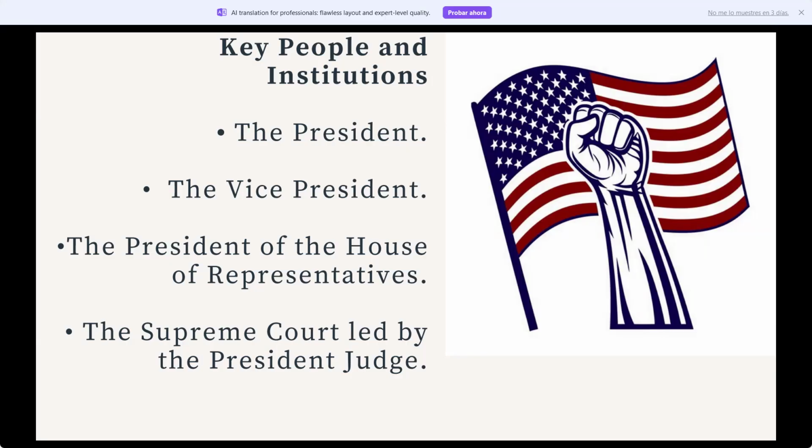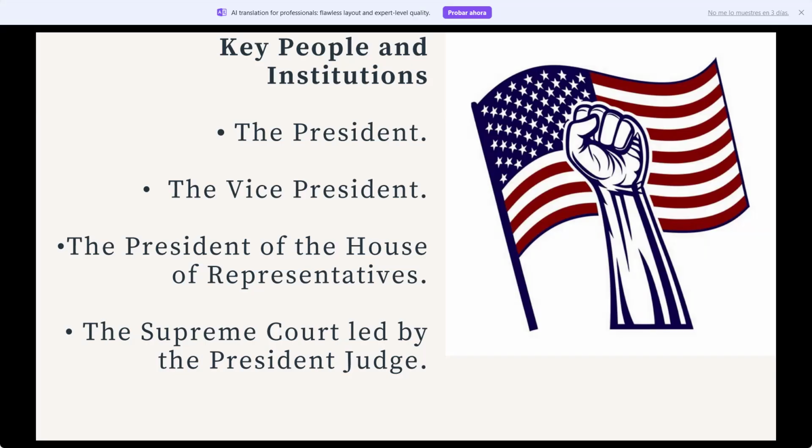The Supreme Court can declare a law unconstitutional if it violates rights. Because of this, the judicial branch protects justice and ensures that the government respects the Constitution.